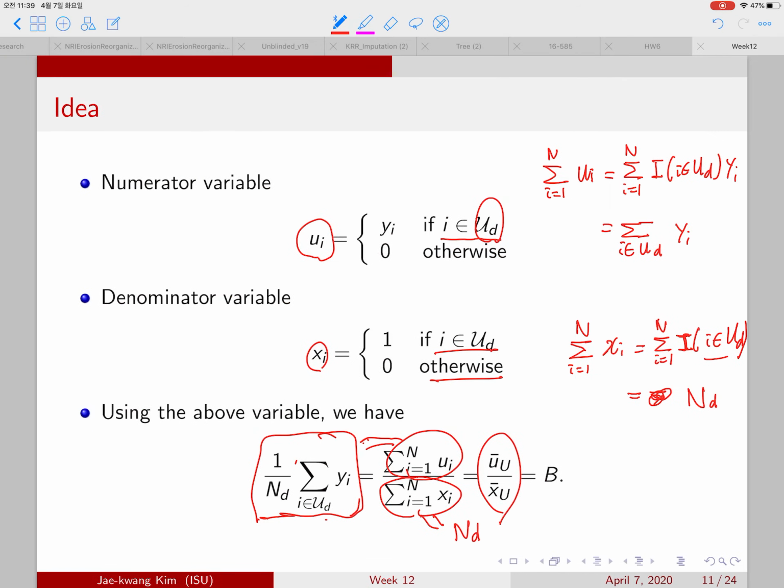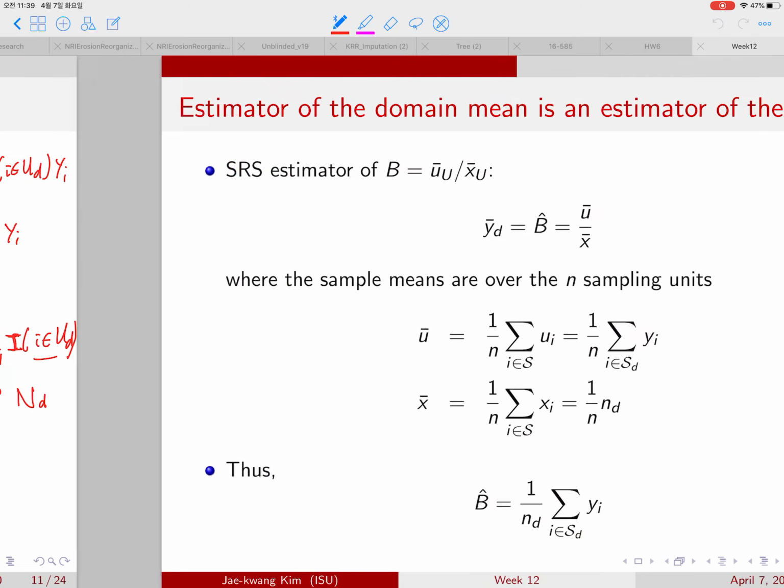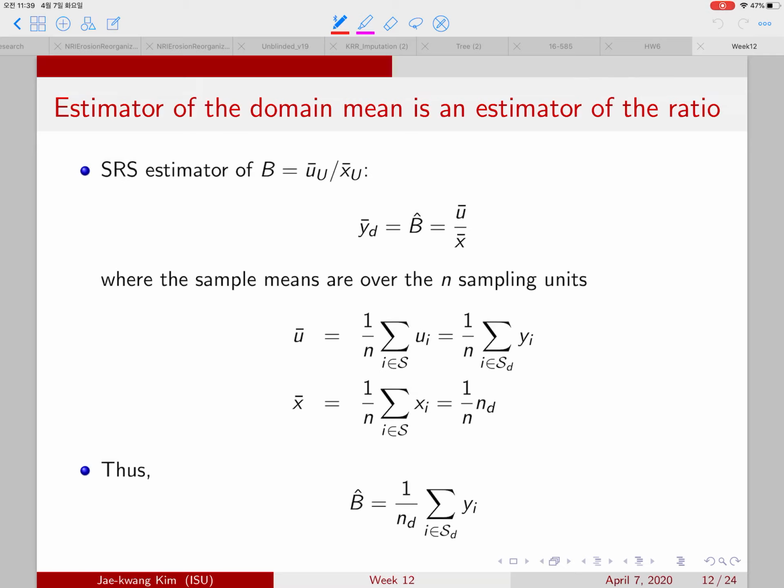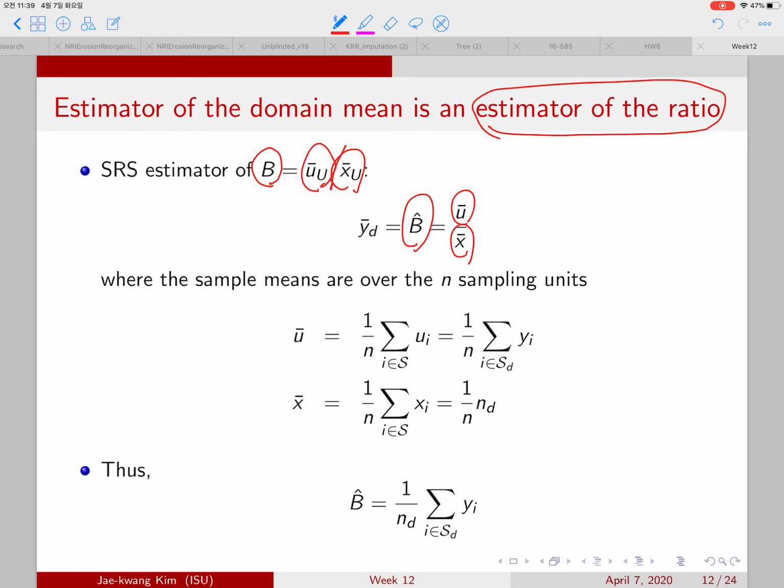Now that we have written the domain mean as a ratio of two population means, we can apply the estimation formula for the ratio. The parameter itself is a ratio of two population means, so the estimator is just the corresponding ratio of the sample means.